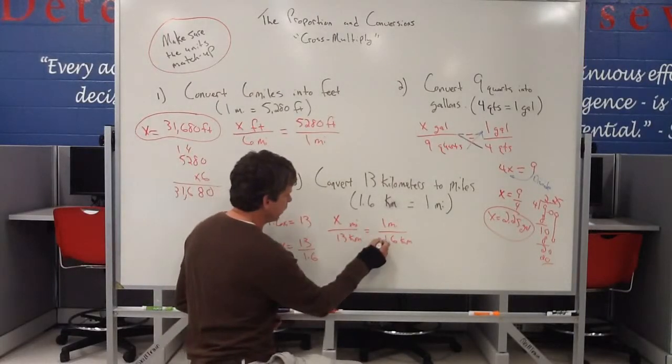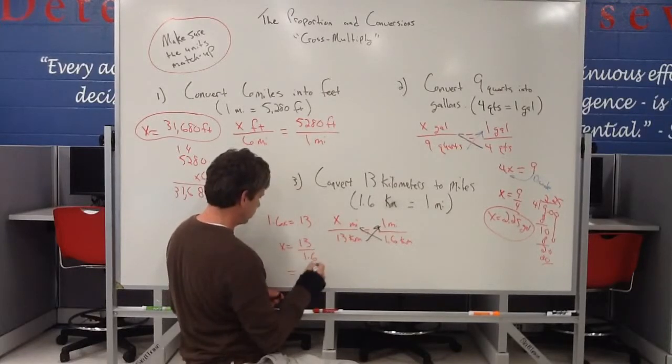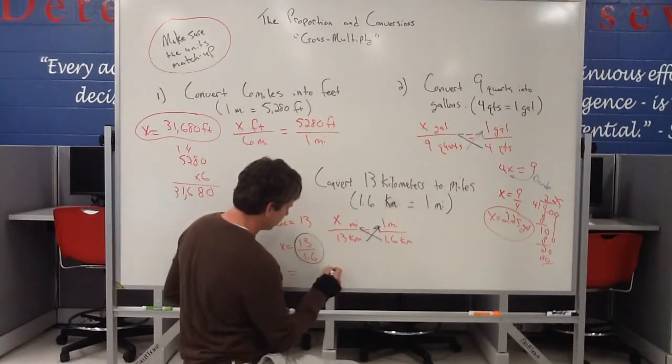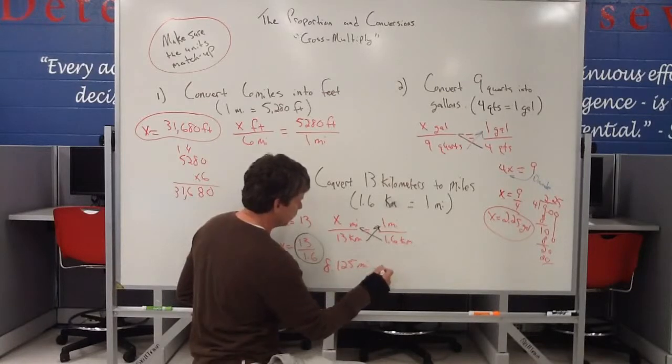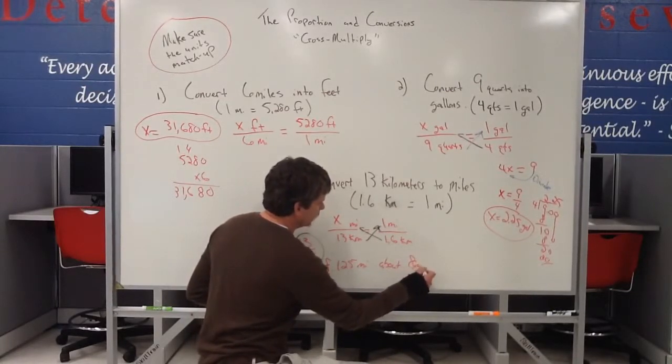So again, we're cross multiplying, this divides out, and we have 8.125 miles, or we'd say about 8 miles if we were estimating.